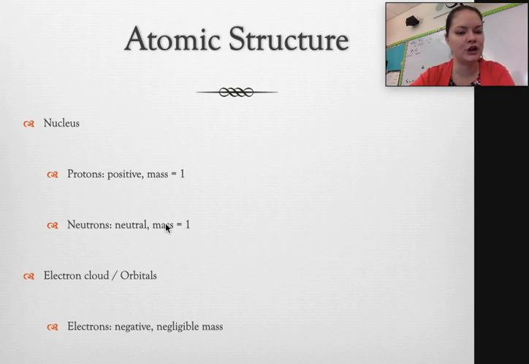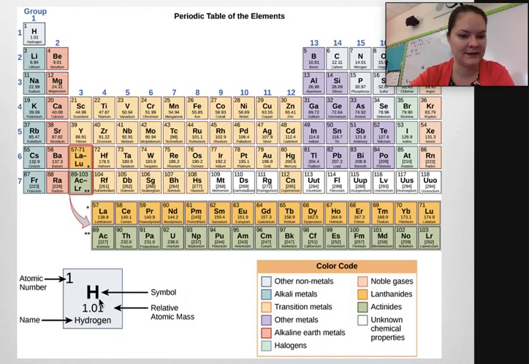So you're going to hear mass looked at in different ways. An individual atom can have differing masses, like I said, carbon-12 and carbon-13. But if we take a look at a periodic table, we've got this relative atomic mass that can fluctuate, and that is taking into account all of the different isotopes and the ratios in which they exist.